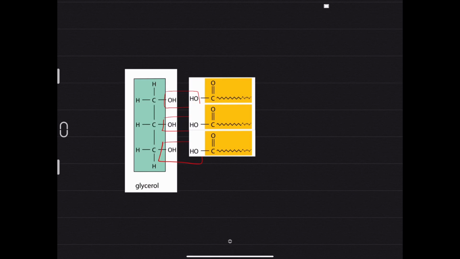So just think about this. Can you jot down what do you think comes out when each fatty acid joins the glycerol, and what type of bond do you think is formed between the glycerol and the fatty acid? And the clue is that this reaction is known as a condensation reaction.